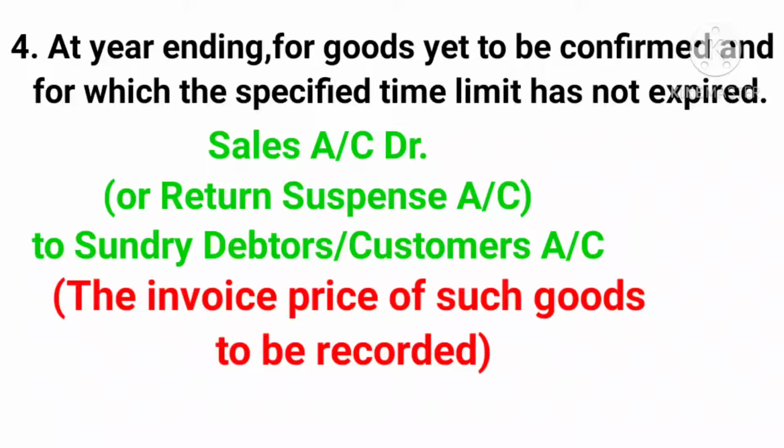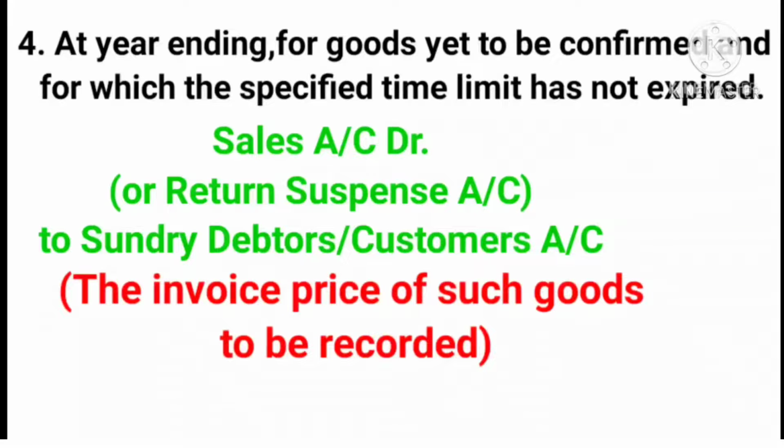At the time of sending goods by the seller to buyer, the seller passed the journal entries as sundry debtors or customer account debit to sales account credit. We know the sales account is a credit figure and sundry debtors is a debit figure.